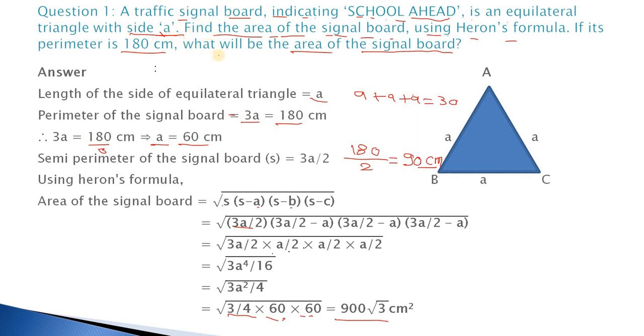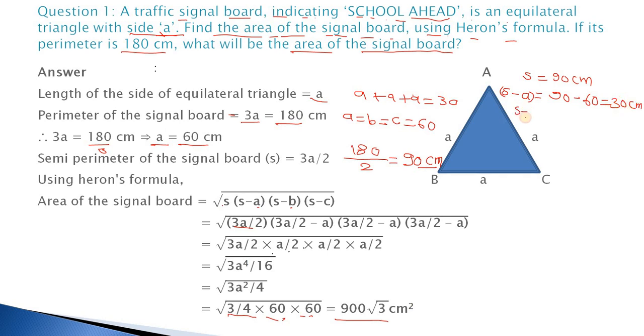We are given an equilateral triangle, so the sides of the triangle a equals b equals c equals 60, and the value of s we already found is 90 cm. The value of s minus a is 90 minus 60, equal to 30 cm.